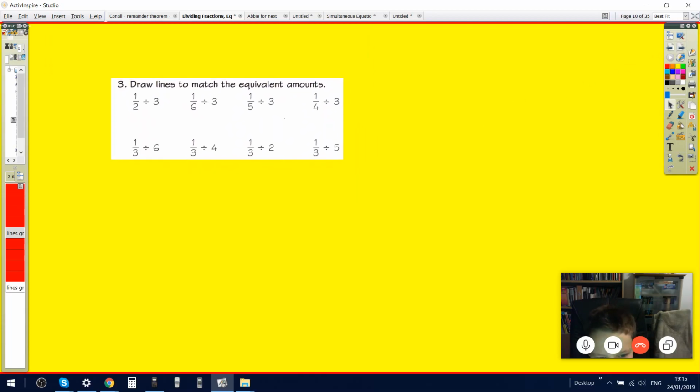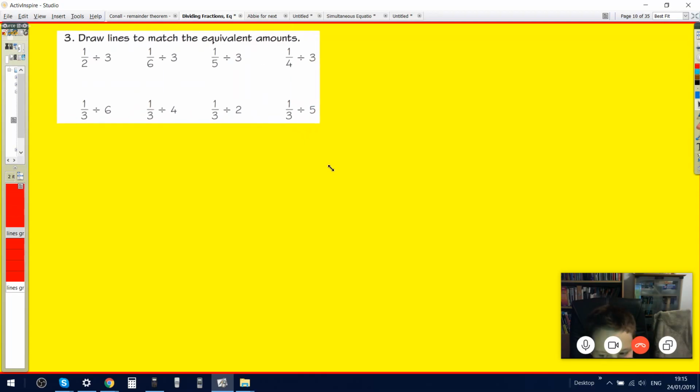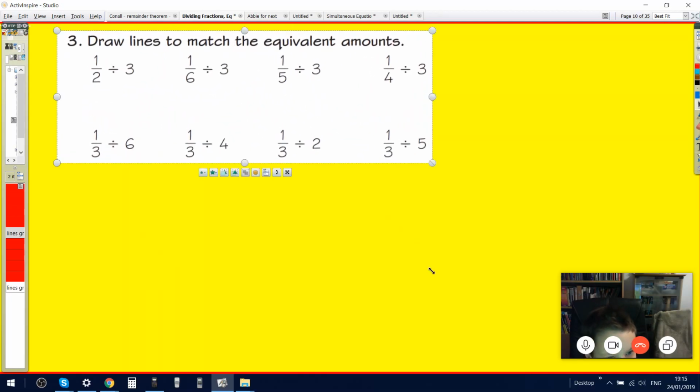And then these, you have to match them up. So you have to say which will be the same. So we've got here 1/2 divided by 3, 1/6 divided by 3, 1/5 divided by 3, 1/4 divided by 3, 1/3 divided by 6, 1/3 divided by 4, 1/3 divided by 2, and 1/3 divided by 5.